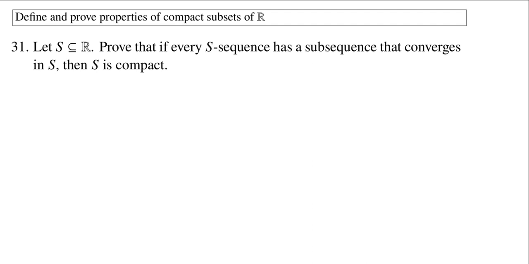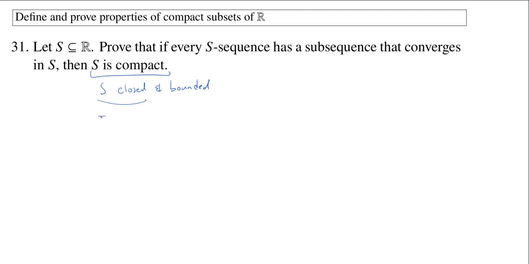So what does it mean for S to be compact? S is closed, and S is bounded. So we have two things that we need to show. How about we show that it's closed first? What does it mean that S is closed? One way is, S is closed if S contains all of its limit points.